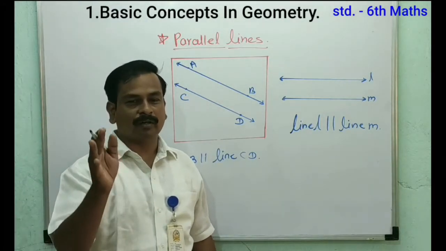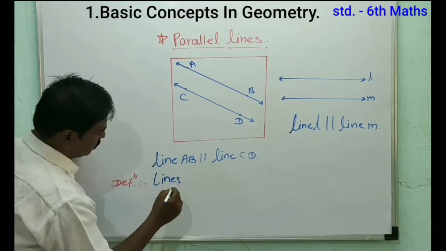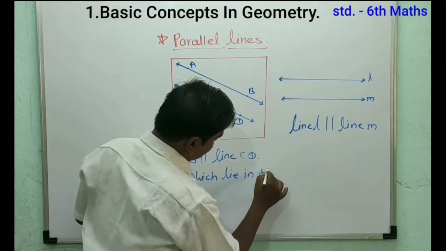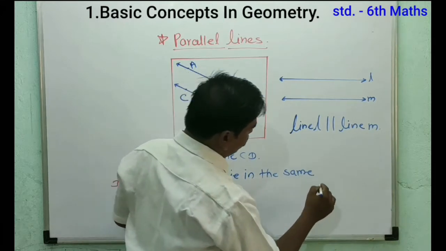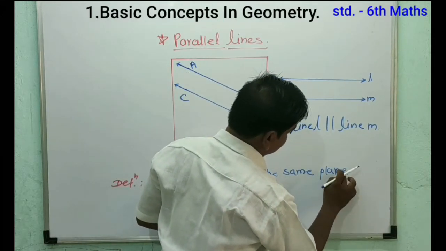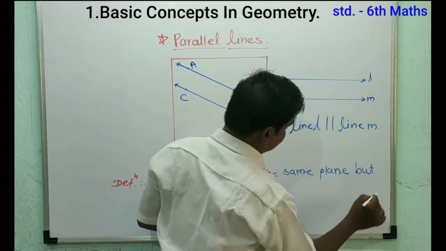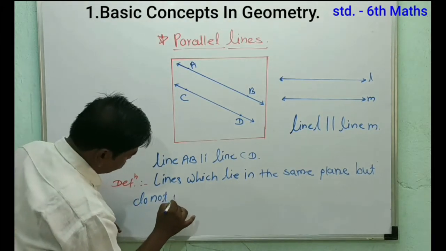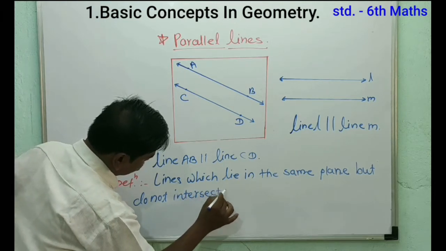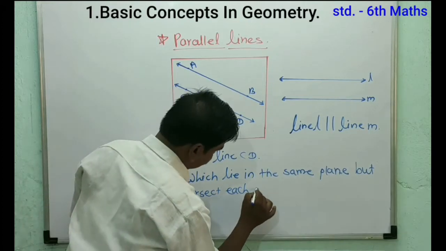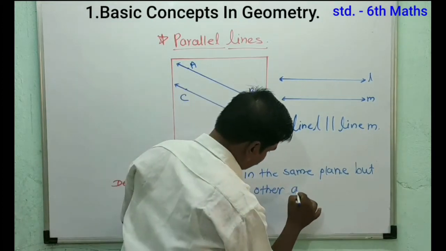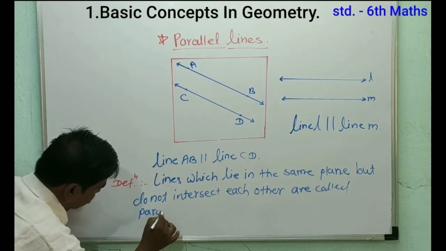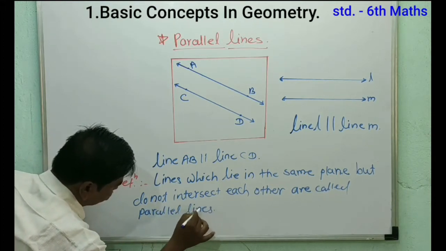Now write down the definition for parallel lines. Lines which lie in the same plane but do not intersect each other are called parallel lines.